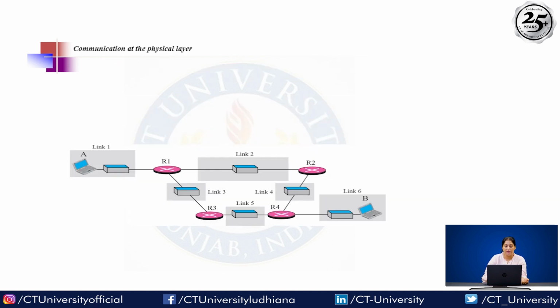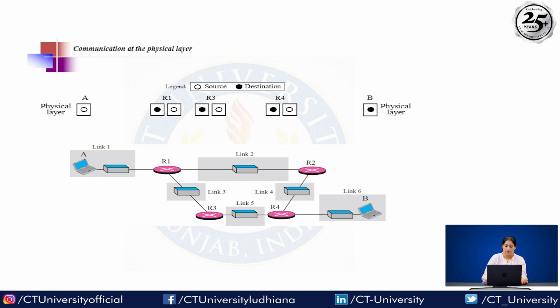Now, communication at the physical layer is shown in the same diagram. This is called the source and this is called the destination. There is physical layer A and physical layer B, and the routers R1, R3 and R4.